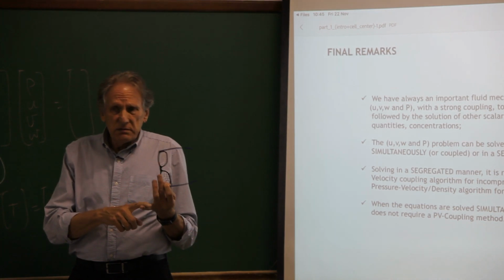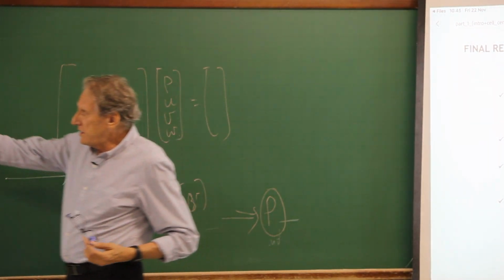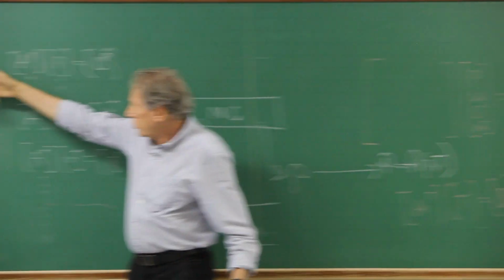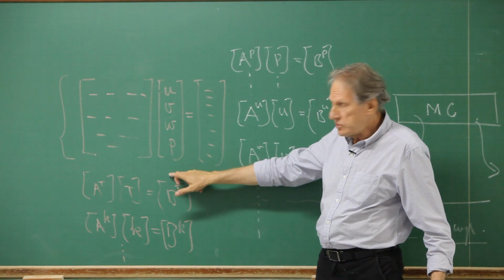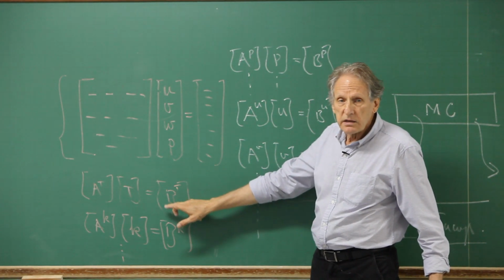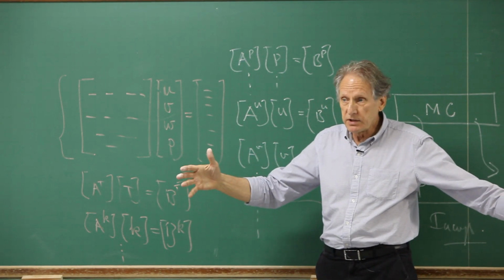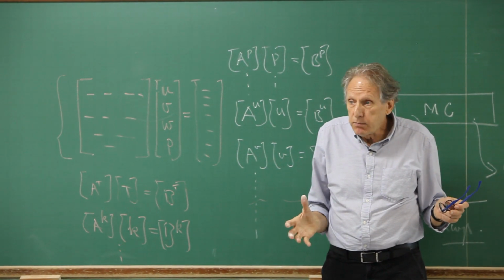Of course, if you have a very big computer, you could put everything together, right? Just a big matrix. U, V, W, P, and temperature, and K, and epsilon, and all the variables. A very big matrix to be solved. You solve everything coupled.